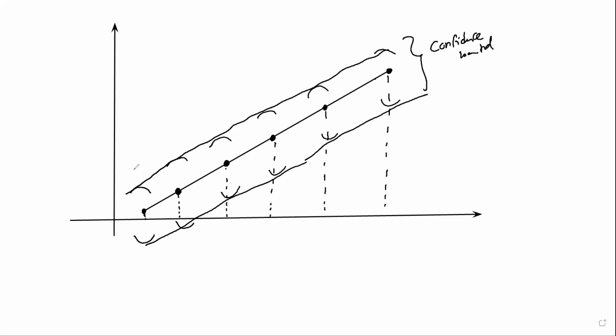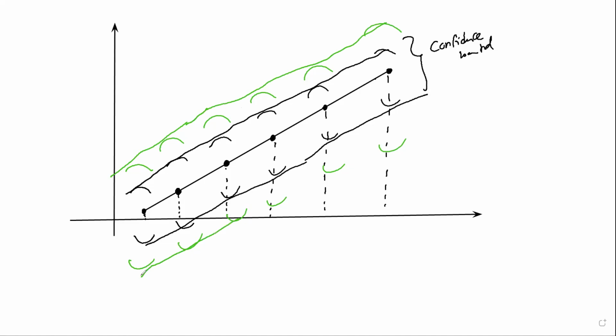You can have the prediction limits, which are wider than this. Okay, and this is the confidence band for the prediction limits. Sometimes it is called the prediction band, but sometimes you can say it is the confidence band. So this is the confidence band for confidence limits, right?